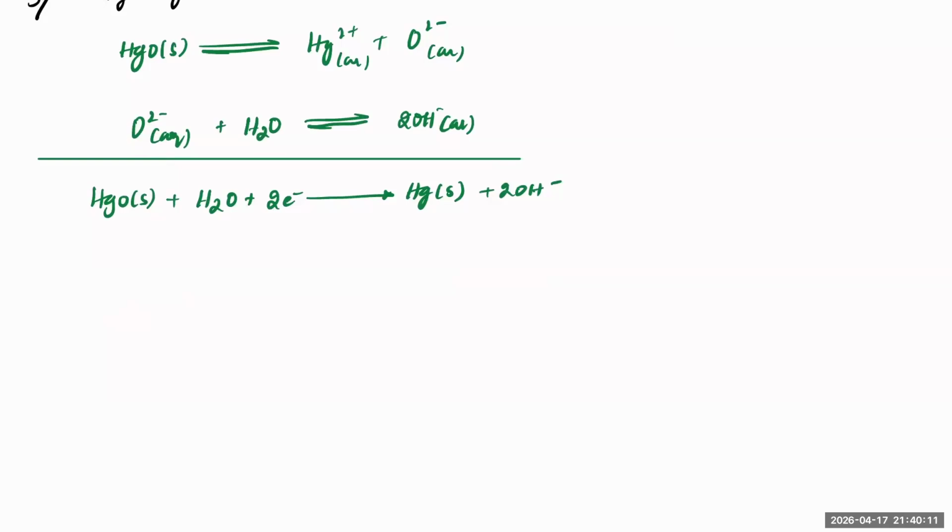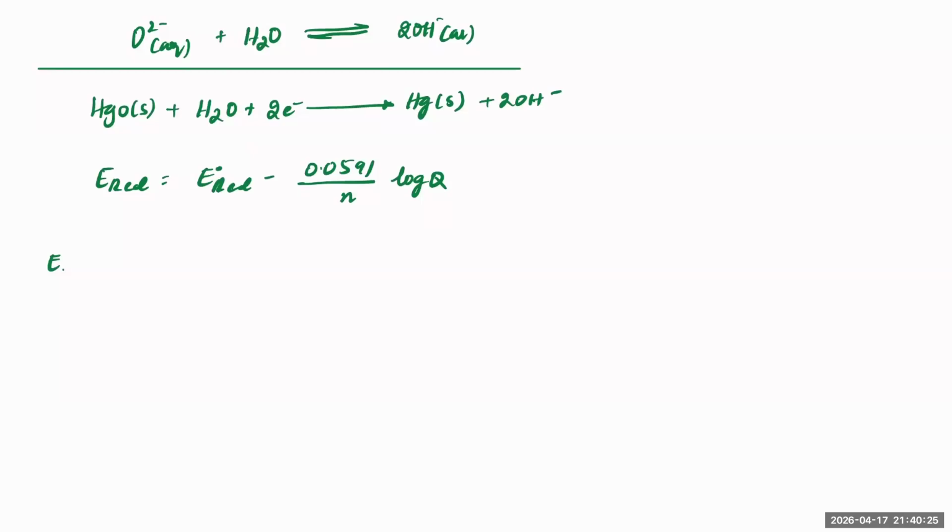Okay. So reduction potential will be equal to E naught of reduction potential minus 0.0591 by n log of Q. So we can see E of OH minus, HgO to Hg, that is equal to E naught of OH minus, HgO, Hg, this is the reduction part of it.